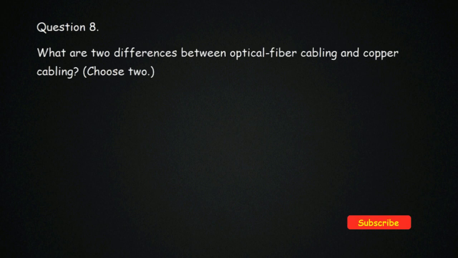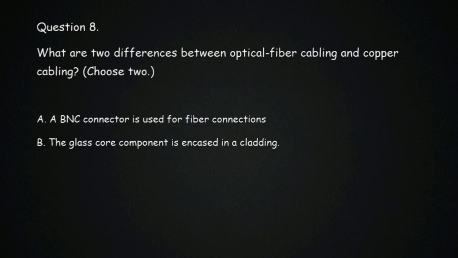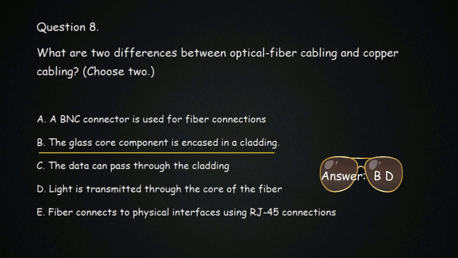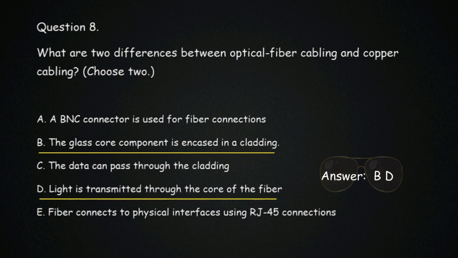Question 8. What are two differences between optical fiber cabling and copper cabling? Answer is B. The glass core component is encased in a cladding. D. Light is transmitted through the core of the fiber.